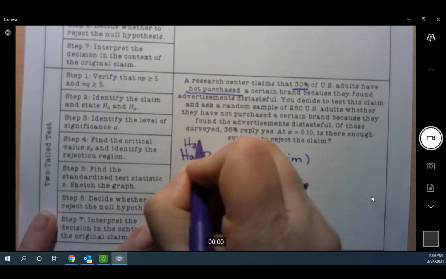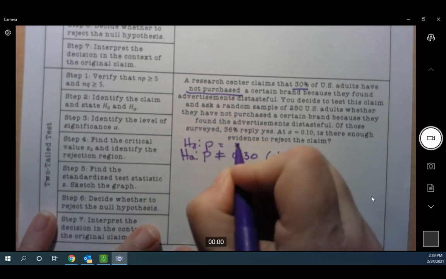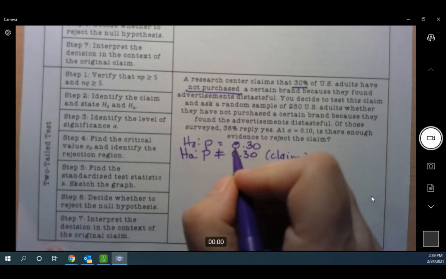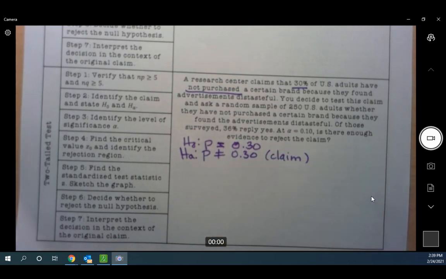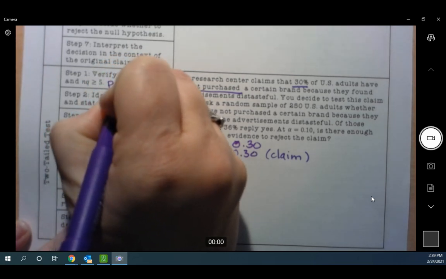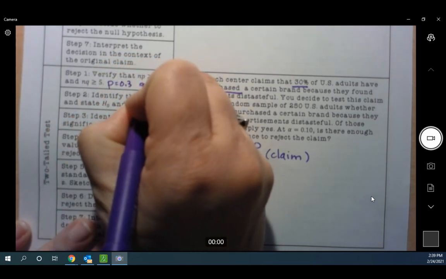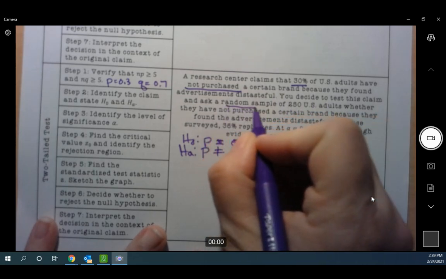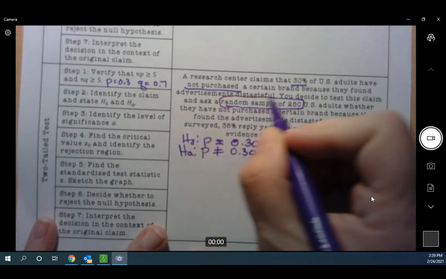So our HO, which I always put on top for consistency, is 0.30. Also, that helps me remember that I always am testing the HO. Our p here is 0.3, which means our q is 1 minus 0.3, or 0.7. And then they said you have a random sample of 250, which is our n.